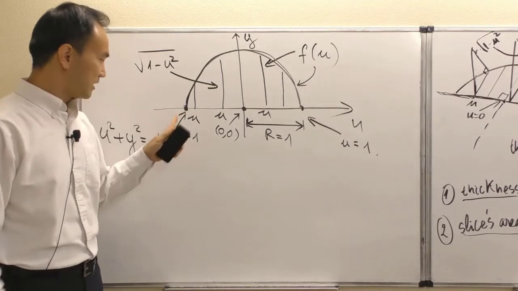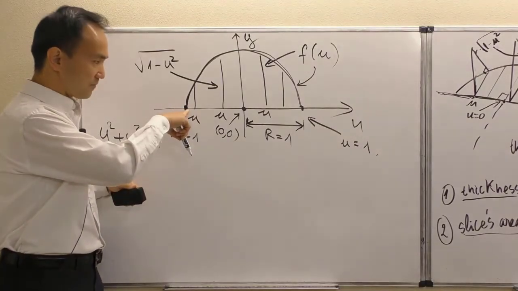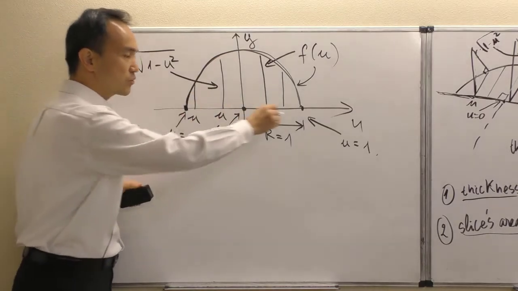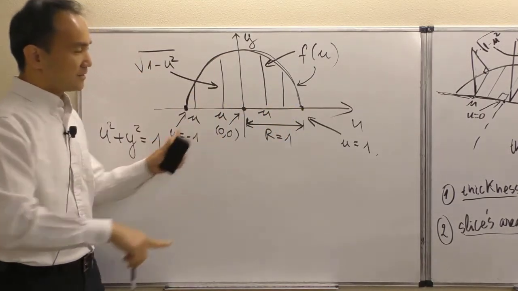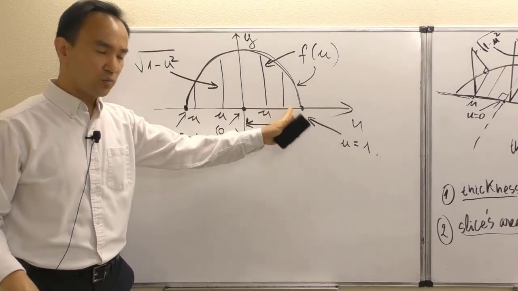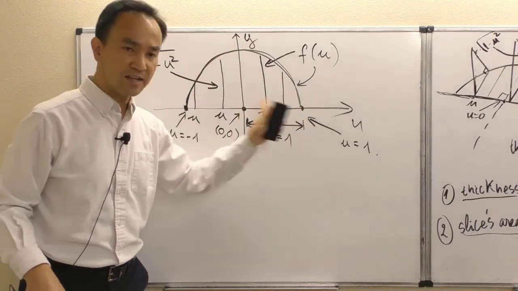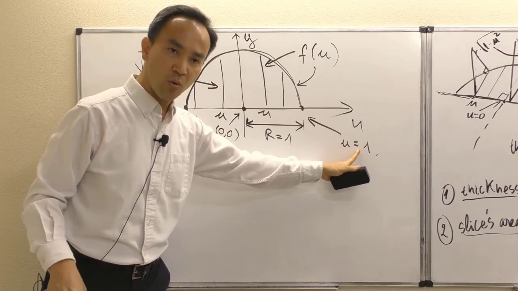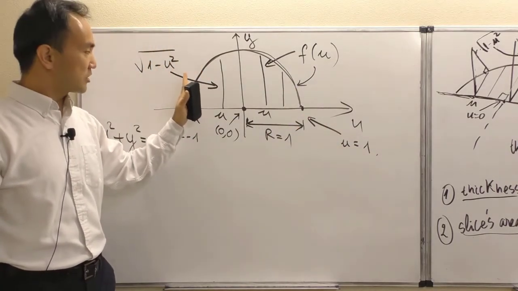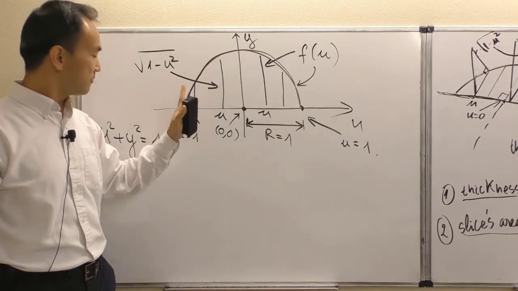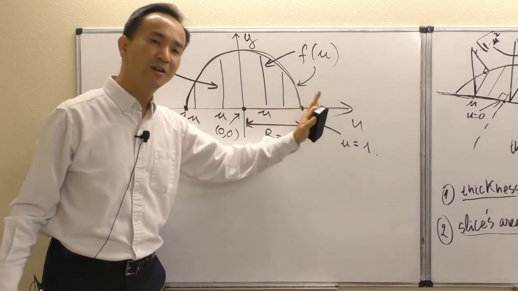The starting end where this curve crosses the u-axis is at u equals -1. The right end, where the graph crosses the u-axis again, is at u equals 1. This is the end of our accumulation. All of the stripes are accumulated from u equals -1 to u equals 1.